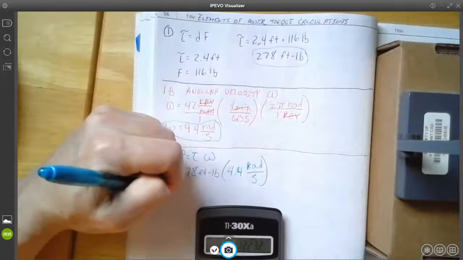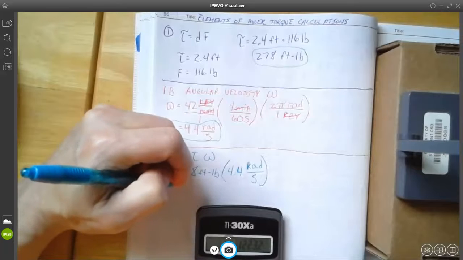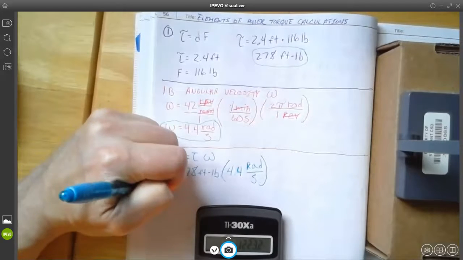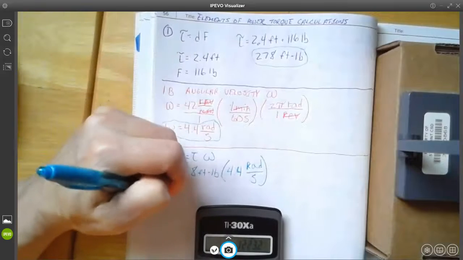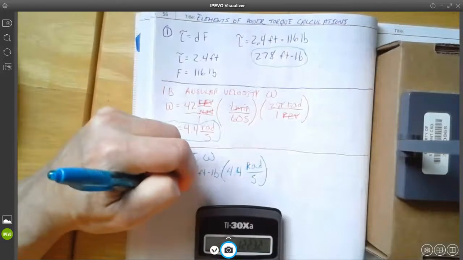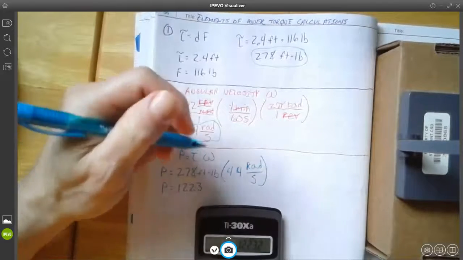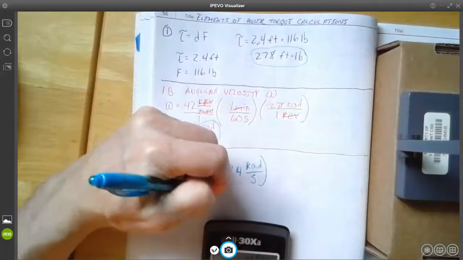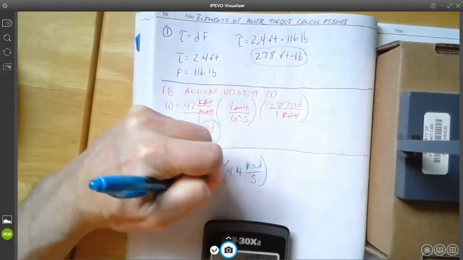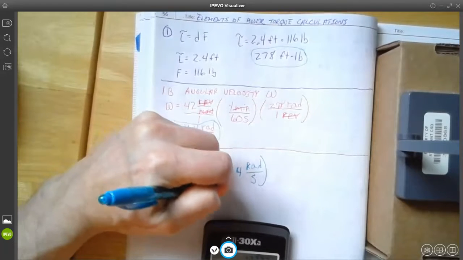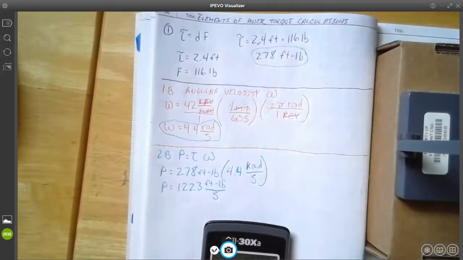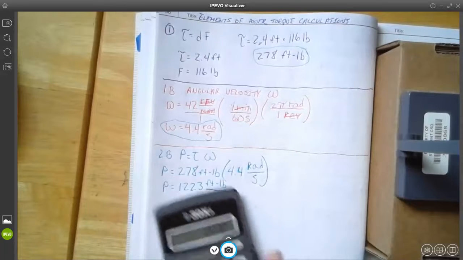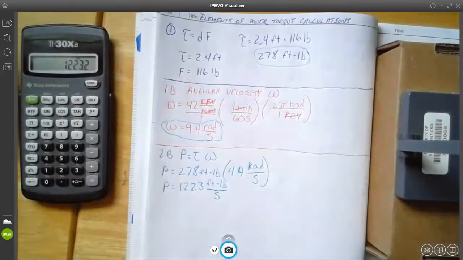So the answer here is that P is going to be equal to 1,223, and this is going to be foot-pounds per second. Okay? All right, back to my dark blue pen.